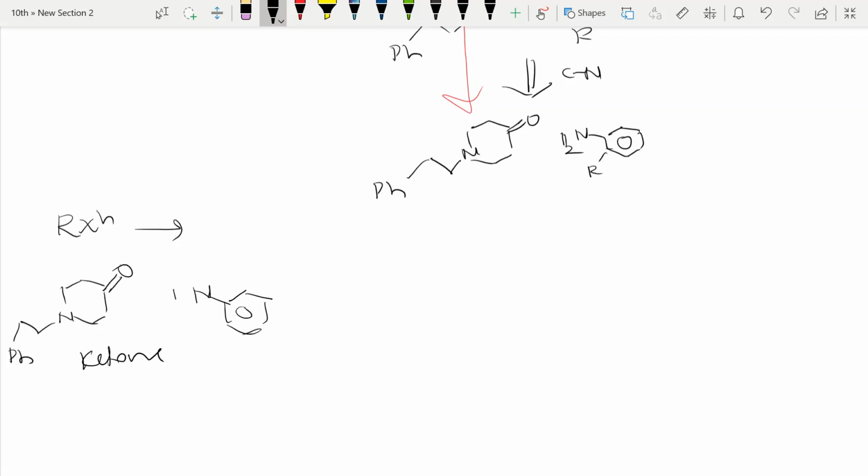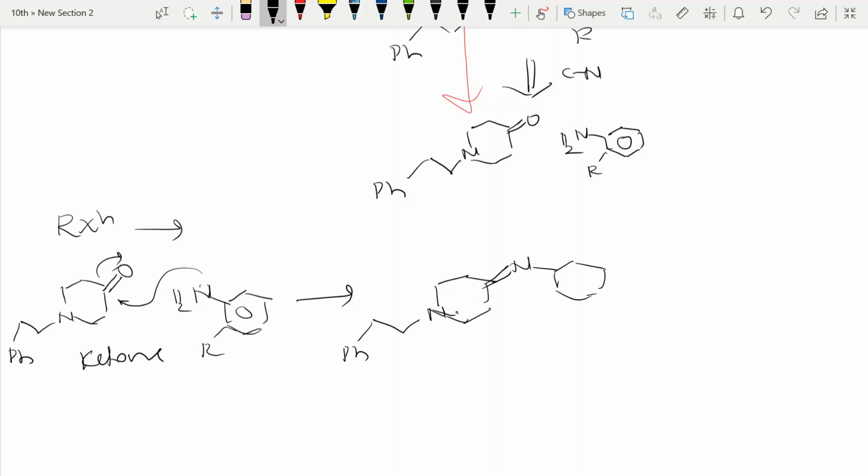So I am going to do the reaction, and the reaction will be like this. Further, what will be eliminated, you know all those things, right? CH2CH2Ph, and here I will get a double bond with N, and here a benzene ring to which fluorine is attached, right? So this is the reaction.